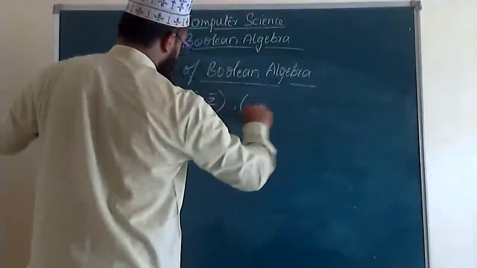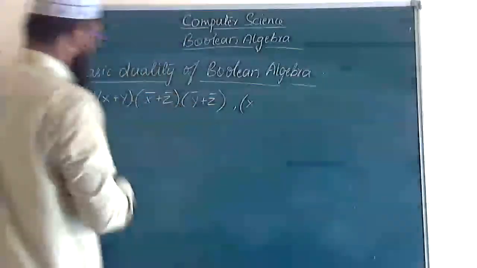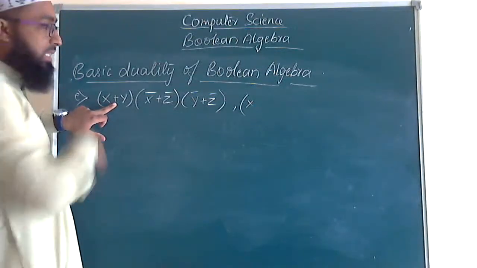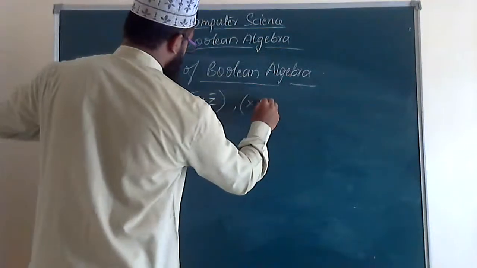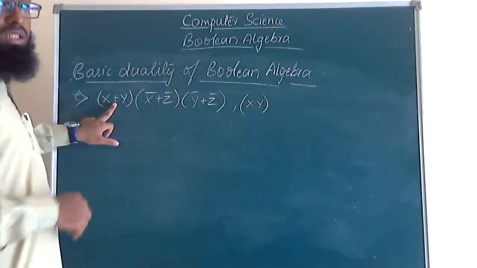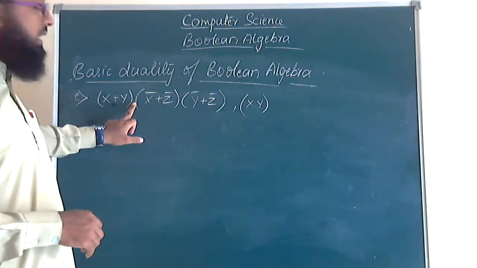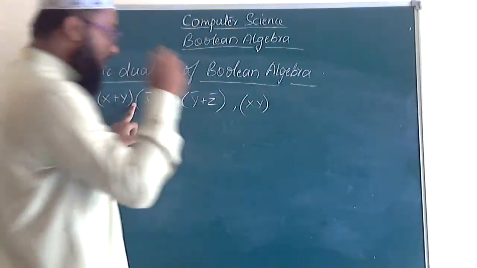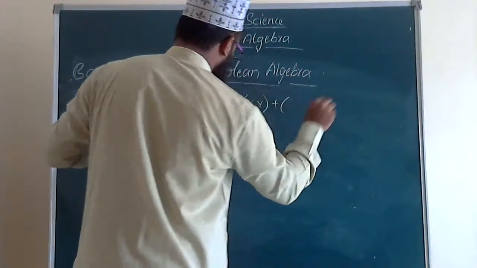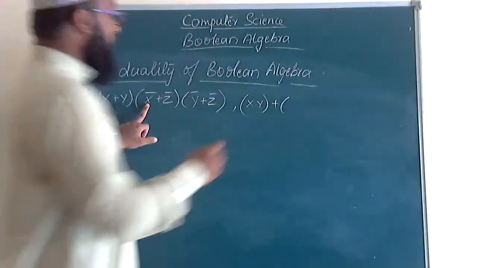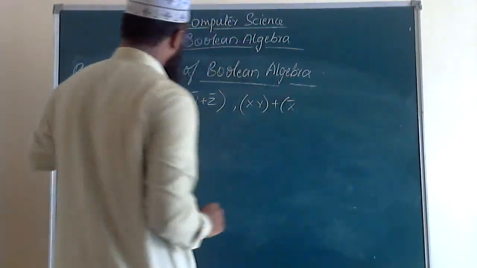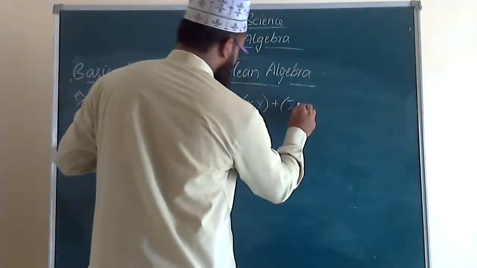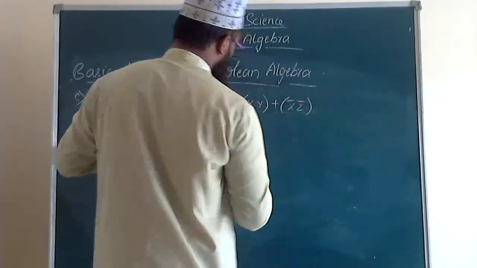Write down bracket as it is, x. In place of OR, we have to change it as AND sign, x into y. Then here AND is there, so we need to change this AND sign to OR sign, that is plus. Again x bar, plus is there, so change it to AND, just write down z bar.